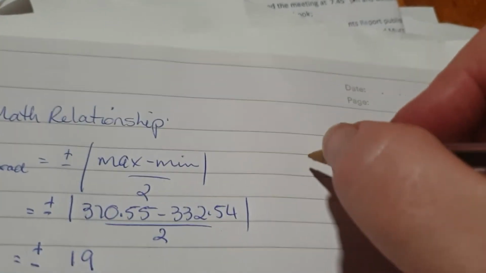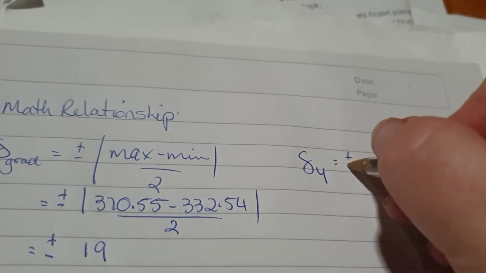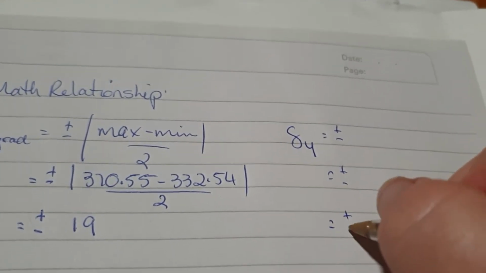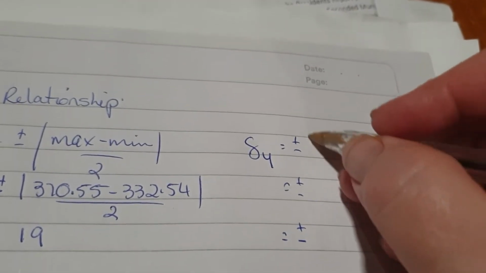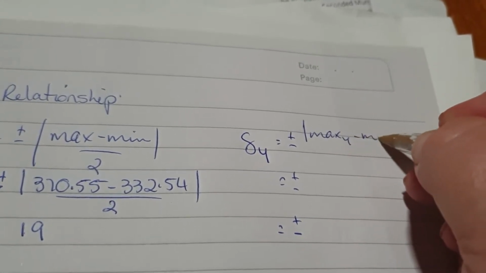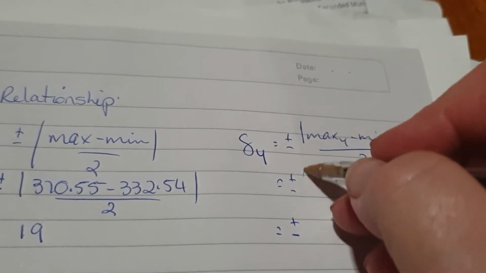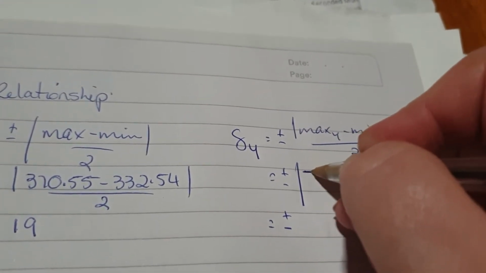Then we're going to do the same thing for the y-intercept, plus or minus. I'm going to do that from now on because sometimes I forget them as well. Plus or minus, it's the absolute (max y minus min y) over 2. This one's got a negative in it. You have to put the negative in.